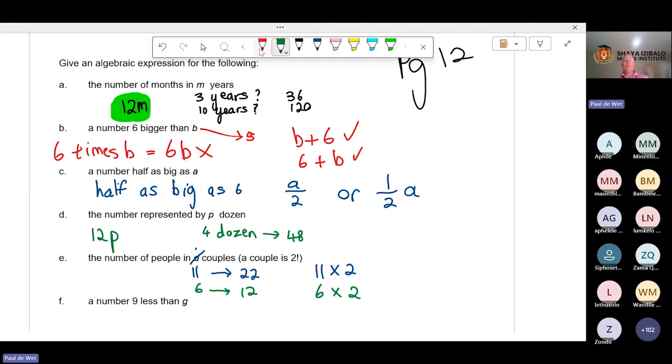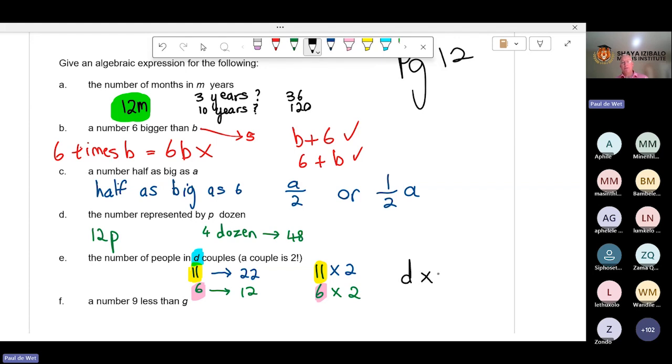And so what we start to see as we get used to algebra is that we take this number and we times by 2. And if it's 11, we times 11 by 2. If it's 6, we times 6 by 2. All right. And if it's D, we must times D by 2. So the answer will be D times 2.